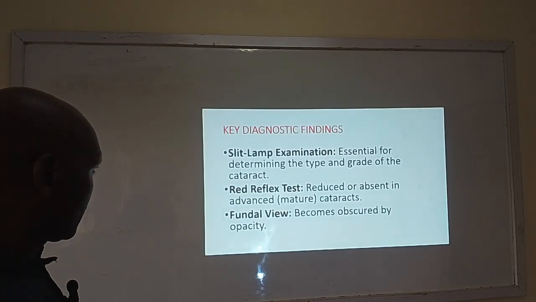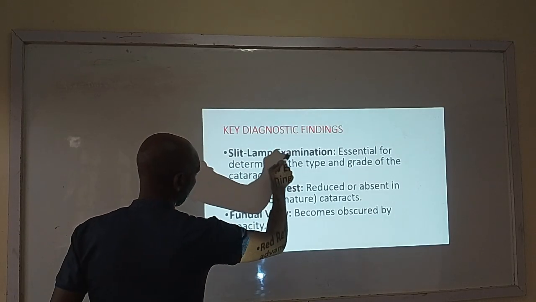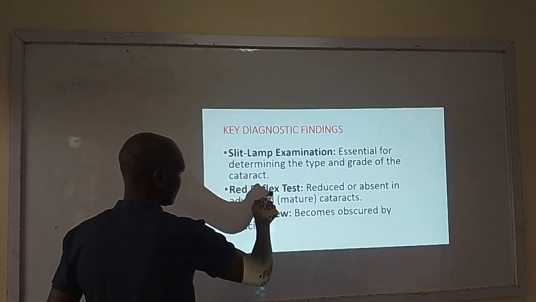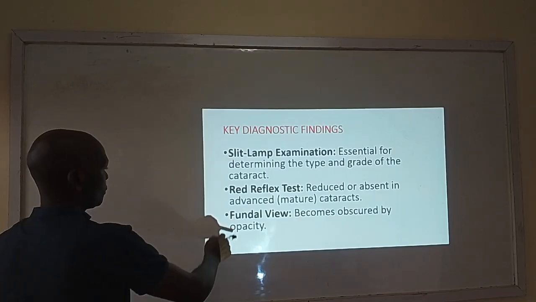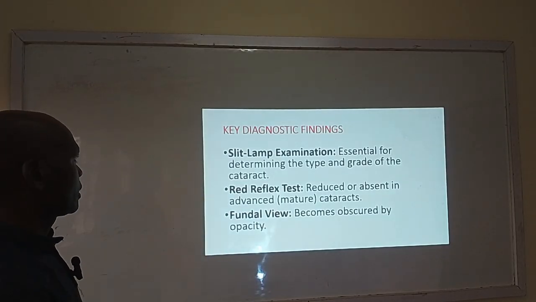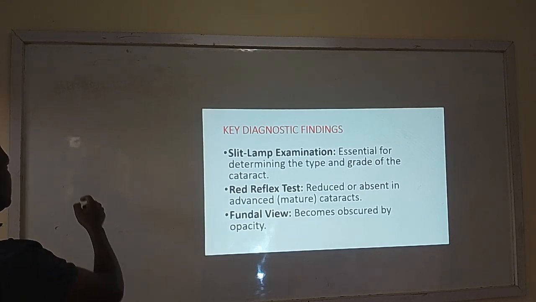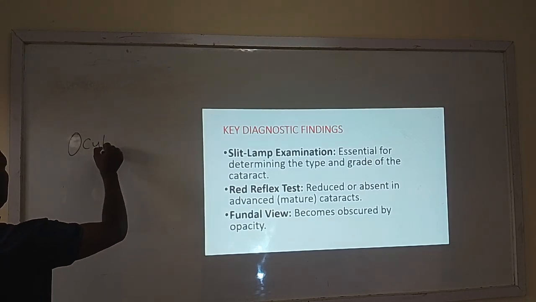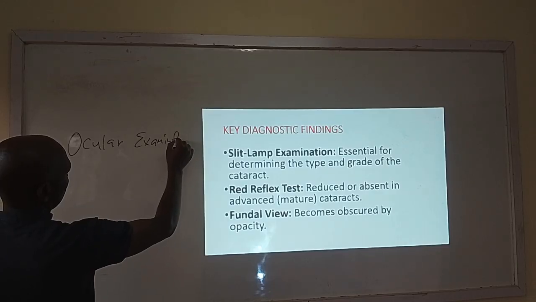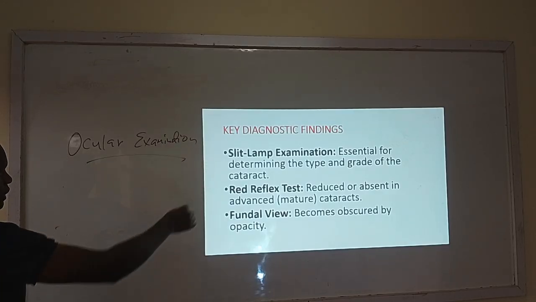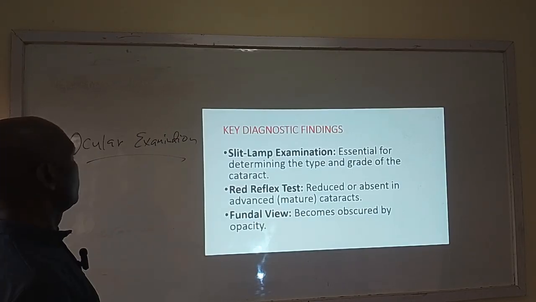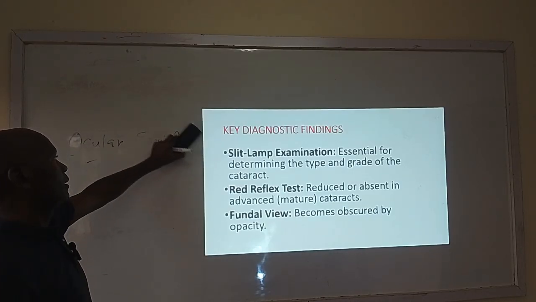How do we diagnose cataracts? We do a slit lamp examination. We also do a red reflex test, and then we also do a fundal view. So this is all about ocular examination. We shall see some of these tools, how they look and how they are used when you are examining the eye.